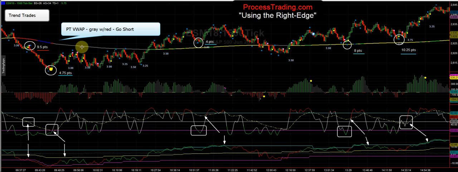Here we see that the process trading VWAP was gray and we had a red segment. So that combination allows us to take a short trade wherever there is a price bar with a timing alert dot above the price bar. And we find that right here.